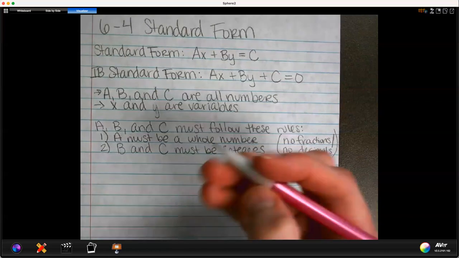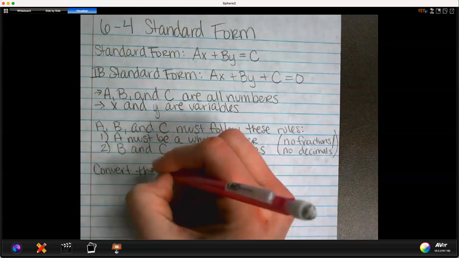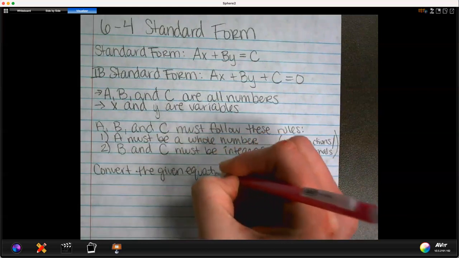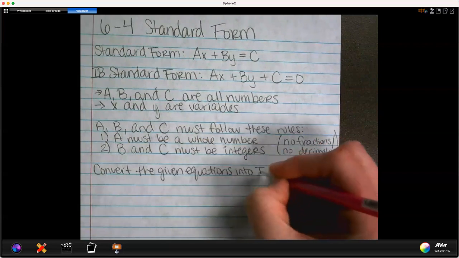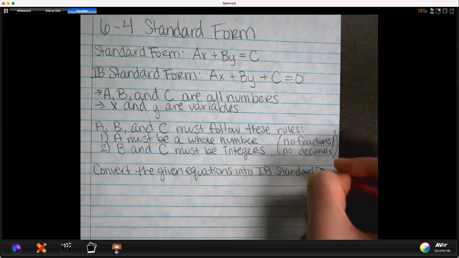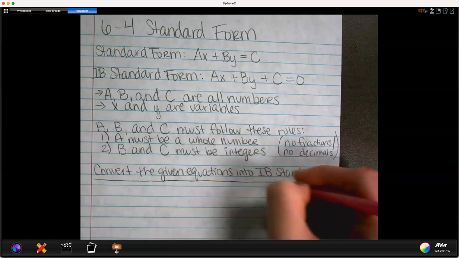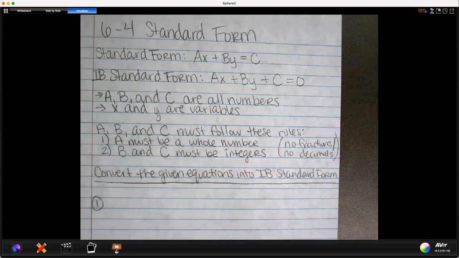So instructions are to convert the given equations into IB standard form. And a reminder, I'll be working with 3 different colors, so if you want to make yours color-coded, you can.